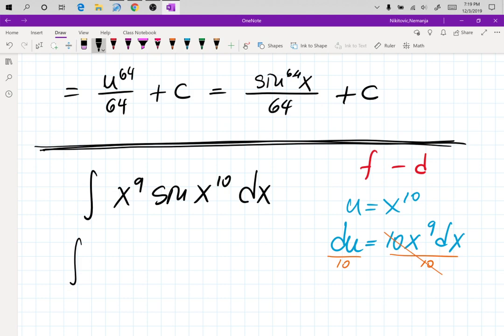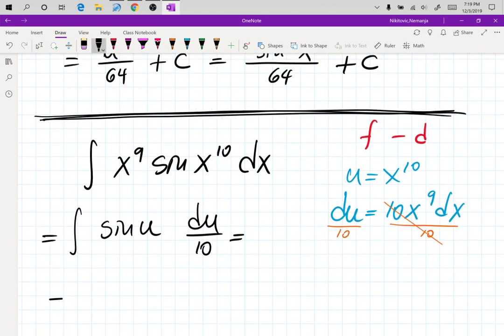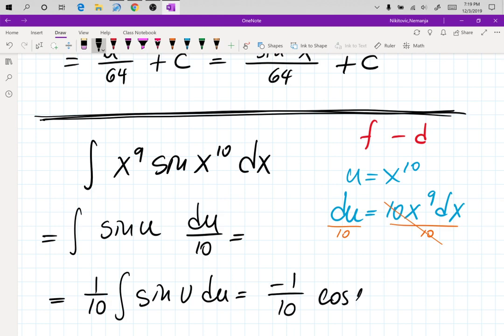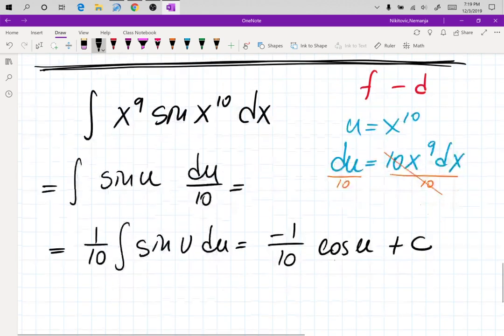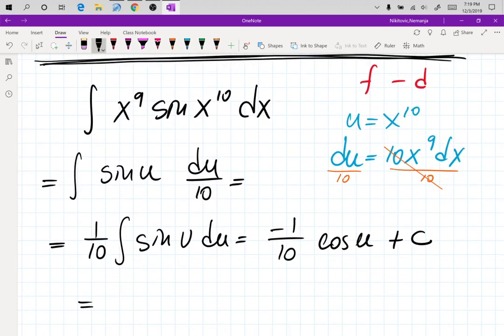We have sine u du over 10, which is 1 over 10 integral sine u du, and that's negative 1 over 10 cosine u plus c, which is negative cosine of x to the 10 divided by 10 plus c.